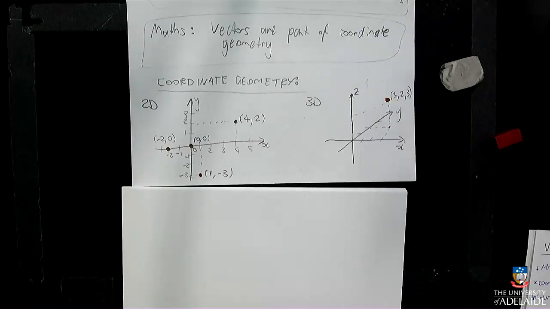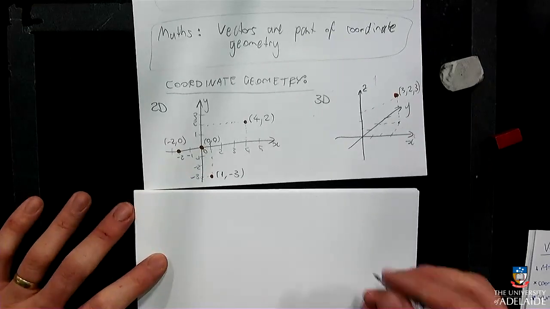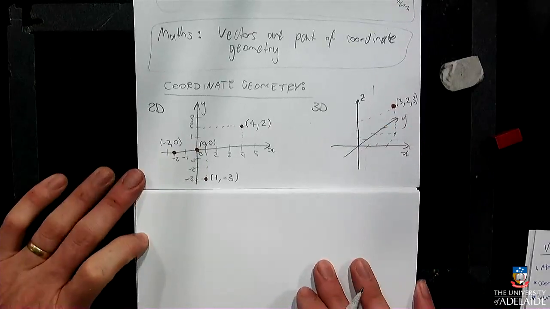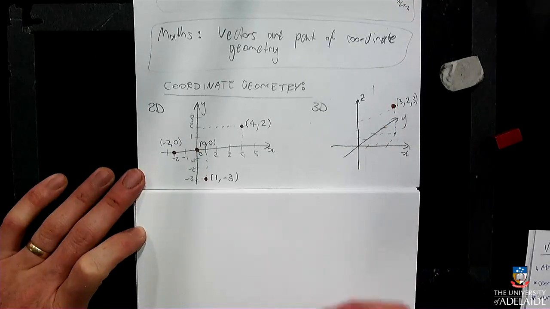as journeys between the points. Now I'm going to do all the rest of my examples from now on probably in 2D. So we imagine that vectors are journeys between points. Okay?